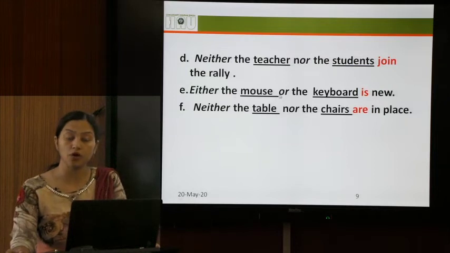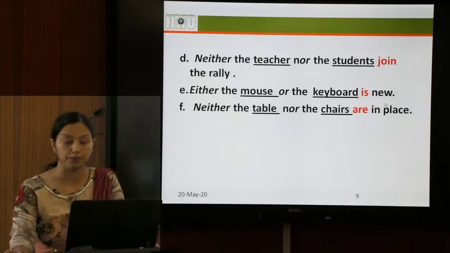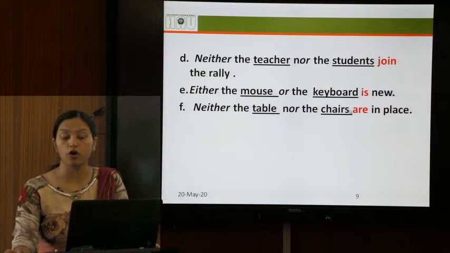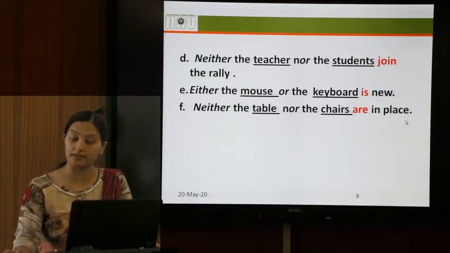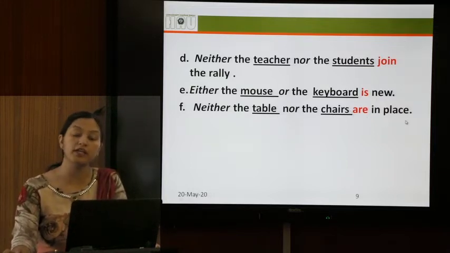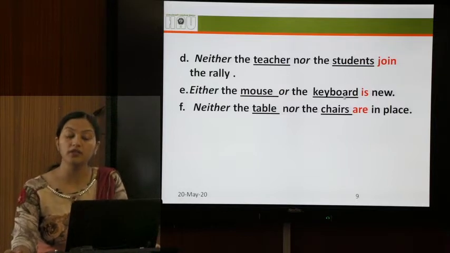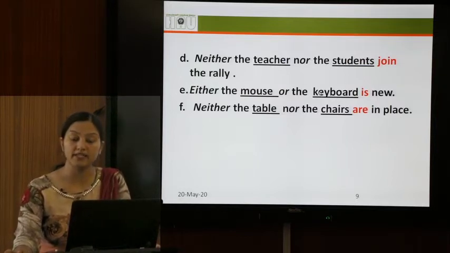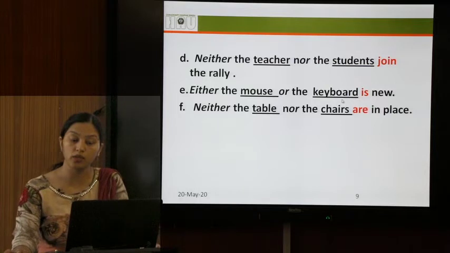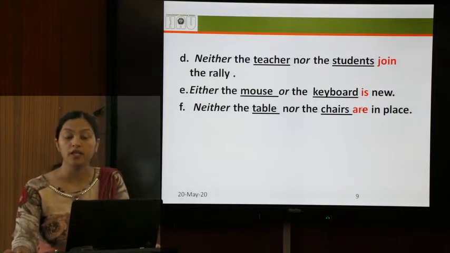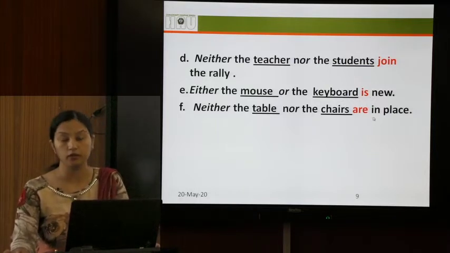Either the mouse or the keyboard is new. Neither the table nor the chairs are in place. So, by now this must be clear to you that whatever the nearer or the second subject is, if it is singular we are using a singular verb, if it is plural we are using a plural verb.